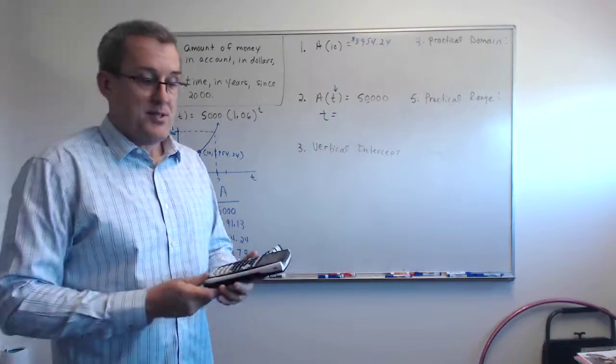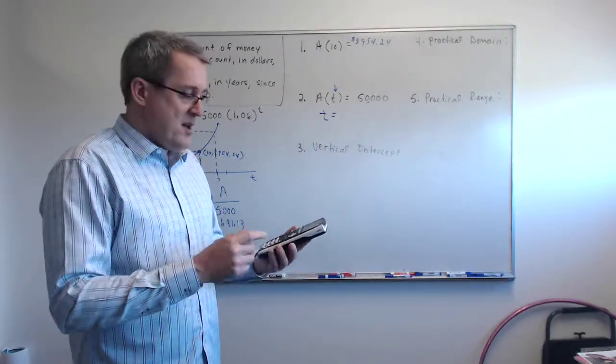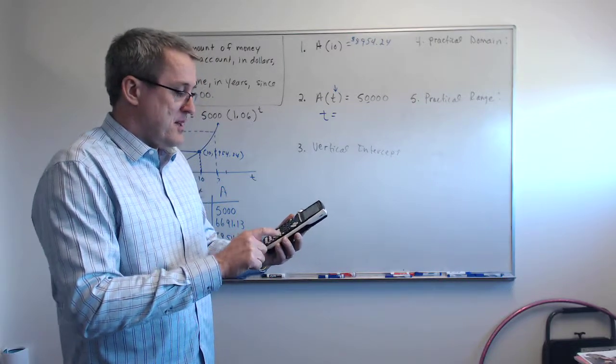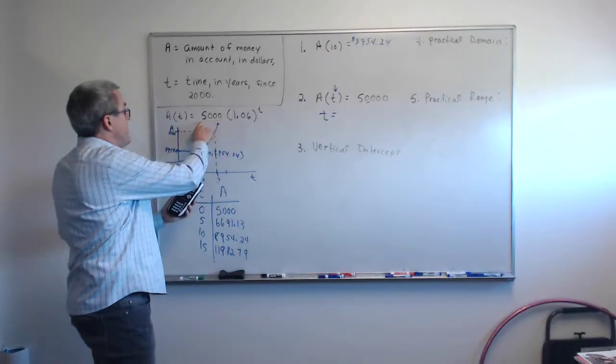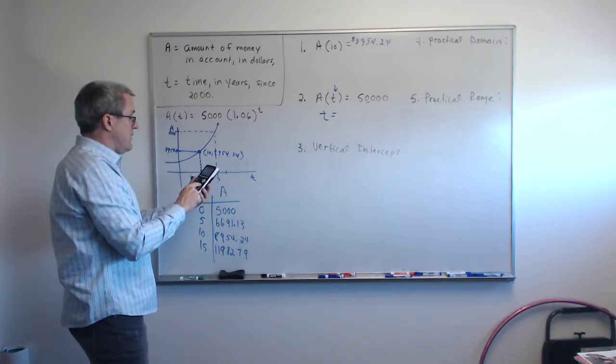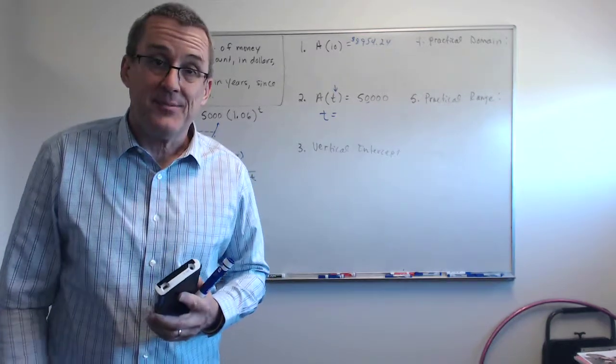For our example here today, I'm just going to have you do a little trial and error. Grab your calculator and just play. Take 5,000, multiply by 1.06, raised to the power of, how many years do you think it's going to take?